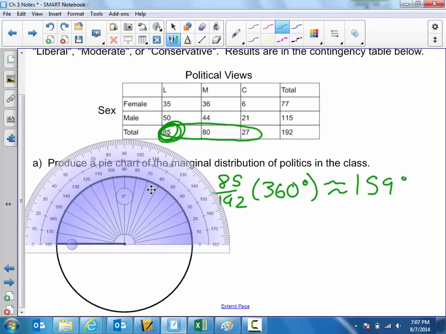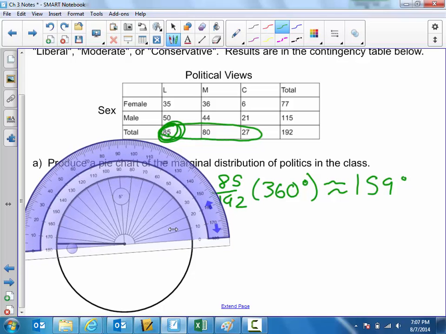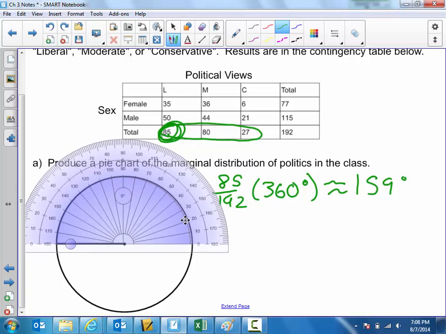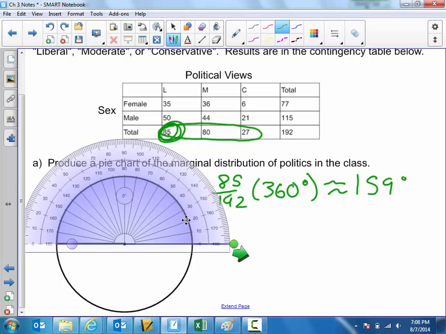So let me insert here real quick my protractor. I'll center that, shrink it down so I can, there we go.